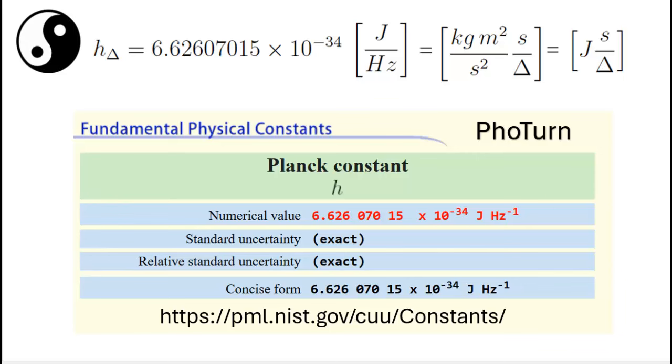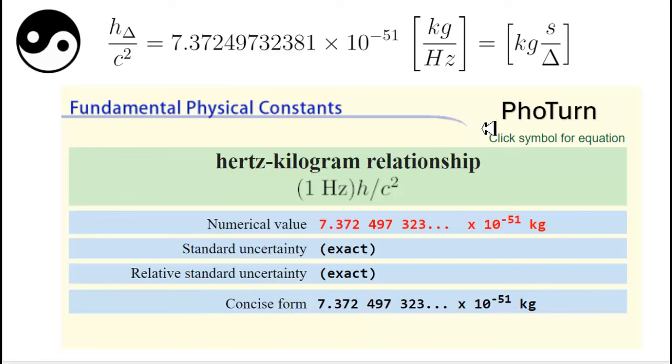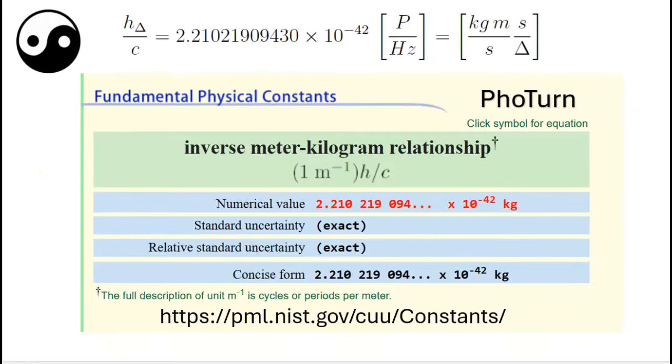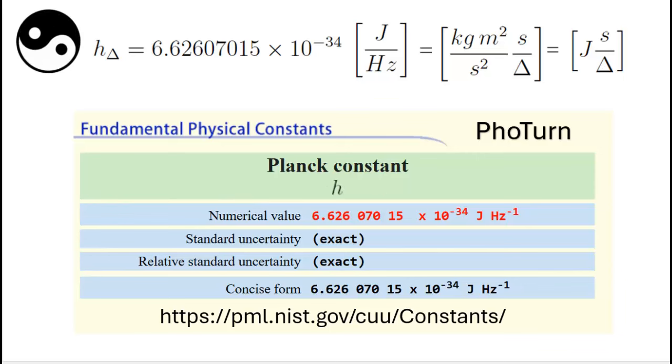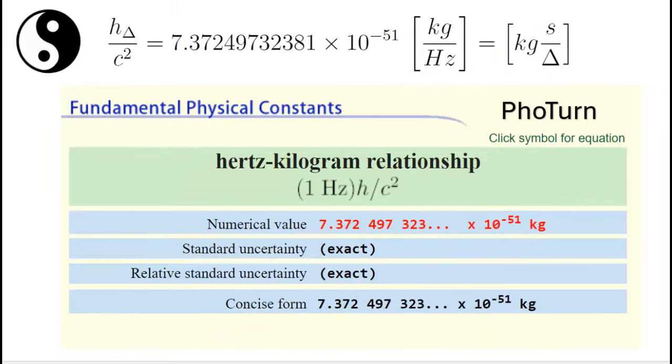So the energy of the photon, the momentum of the photon, and the mass, effective mass, the mass contribution of the photon are the three most important constants in modified unit analysis, and they are the three least important constants in the NIST standard because they're not even doing the units right. So they don't have any physical meaning in the standard model. And if they do have physical meaning, they're misinterpreting them because they're getting the units wrong.